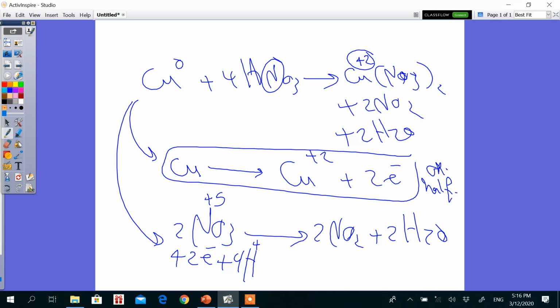We will observe that here nitrogen is positive 4, since the oxygen is negative 2. So this is my reduction half reaction.